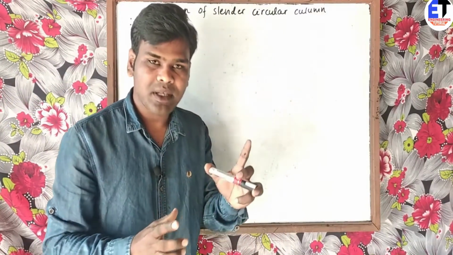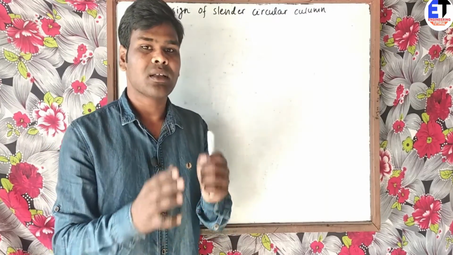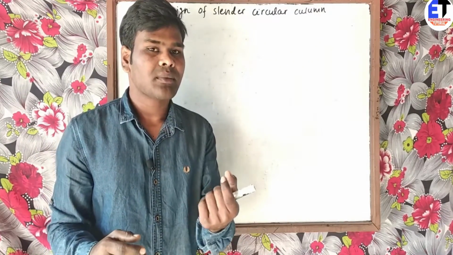There is only one dimension for a circular column, which is the diameter. There is no depth and breadth for the circular column.